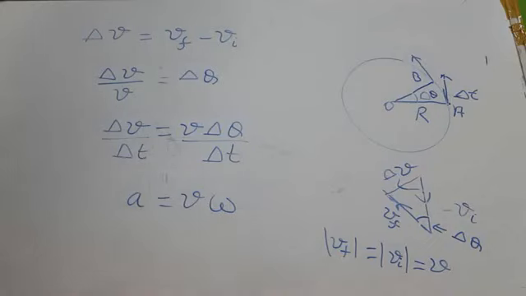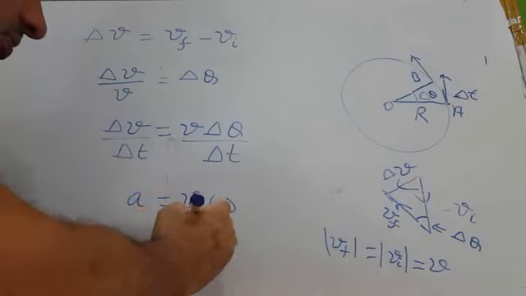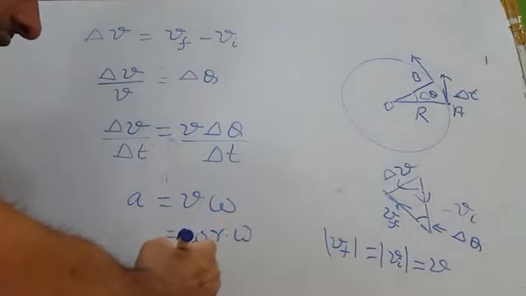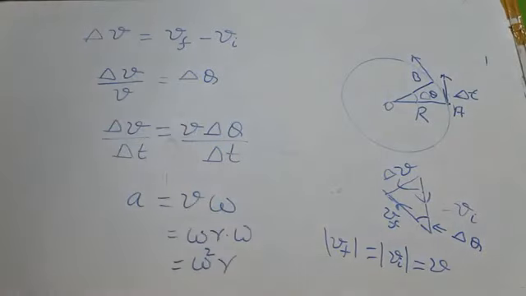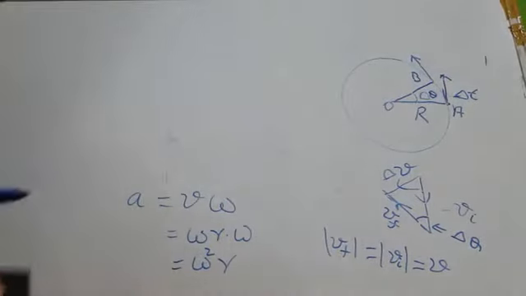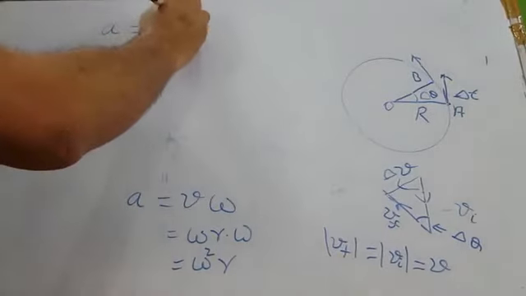We calculated v was omega r, so it will become omega r into omega, that is omega square r. So acceleration will be equal to v omega, or omega square r.